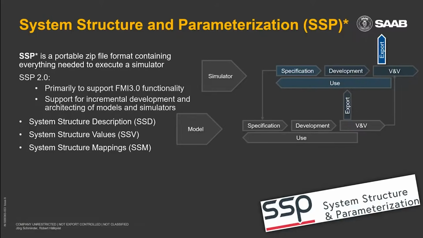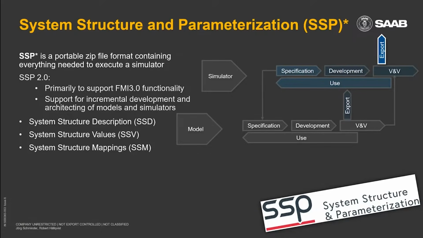Just to advertise the latest version of the standard, SSP 2.0 has been released slightly less than a year ago. This latest version is primarily intended to keep up and address the FMI 3.0 functionality, but it also provides some nice mechanisms to support incremental development of simulators and architecting.